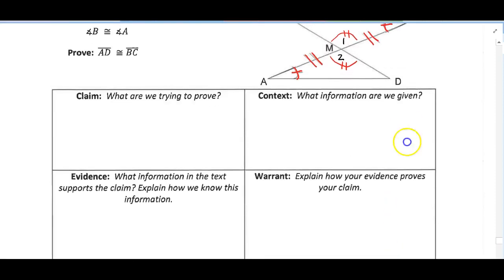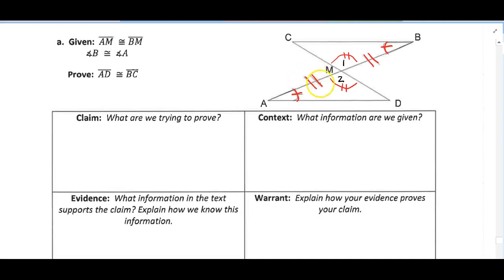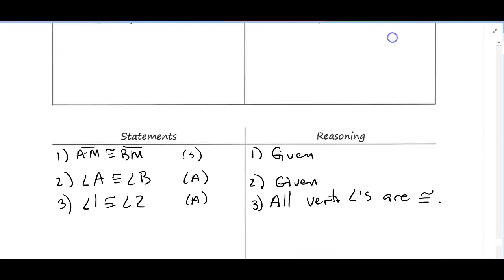So now I have two angles and a pair of sides. If I look back up at my picture, I can see this side is right in between the two angles. So the method for proving my triangle is congruent. So I've got triangle AMD congruent to triangle BMC.